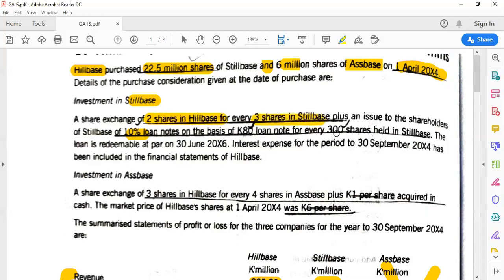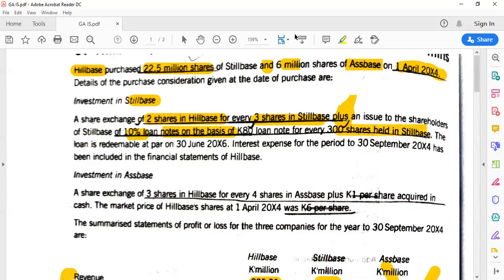Now see, there's this plus an issue to the shareholders of Steel-based of 10% loan notes. On the basis of 80 million kwacha loan notes for every 300 shares held in Steel-based.